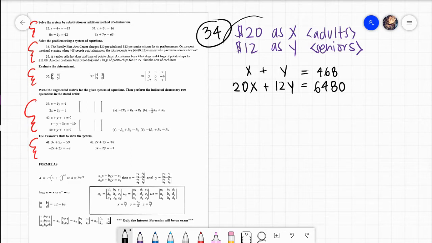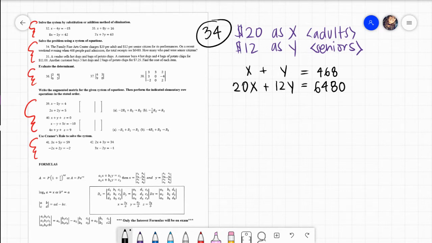And then we're going to have the different prices with the variables, and that's going to actually total the amount of profit or the amount of money that was made. And I know that these are going to go with this because 20 and 12 is the amount of money that they collected for those tickets.